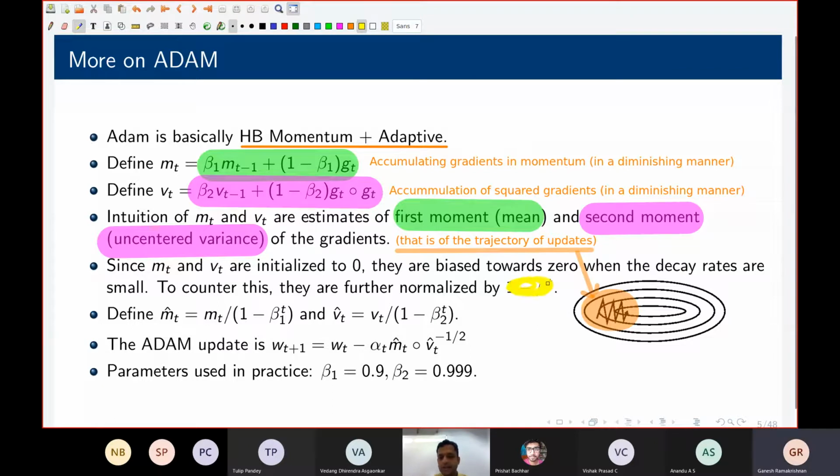So normalization by 1 minus beta raised to t makes 1 upon 1 minus beta raised to t large. That's what we have shown here.